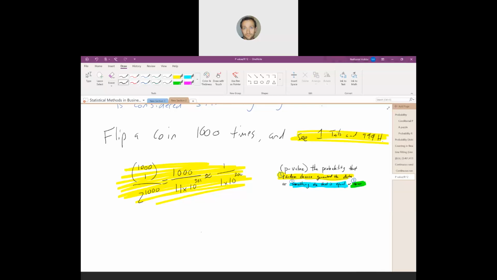Something else that's equally as rare: this is still 1,000 choose 1 over 2 to the 1,000. That's getting not just 1 tails and 999 heads, but also 999 tails and 1 head, plus anything that's rarer, which are all heads or all tails.